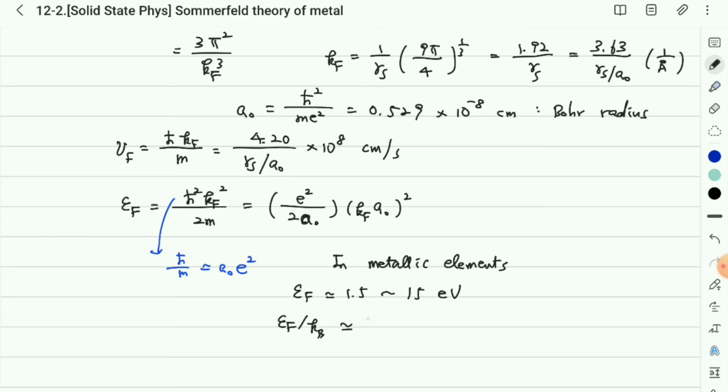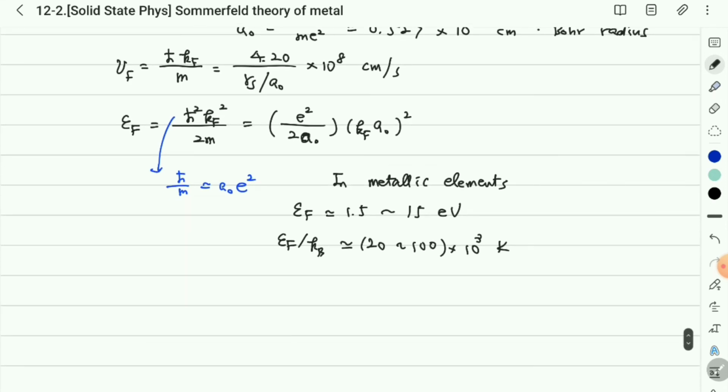Then it is about 20 to 100 times 10 to the 3 Kelvin. It is a very high temperature. Also, the Fermi velocity, h bar kf over m, is about 0.01 c, where c is the speed of light, at zero temperature.